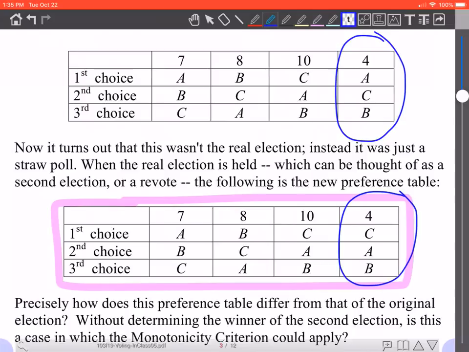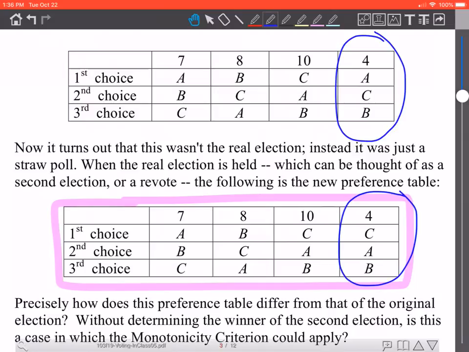But they decided, you know what, we like candidate C better, so in the revote, they move C up to first, A gets moved down to second, and B remains in third. So this is an example of there being a revote where the voters change their ballots from how they originally voted to a new way that favors the original winner of the election. Now remember that under instant runoff, we said C wins. So here's an example where C is being favored by the revote, by these 4 people changing their ballots.